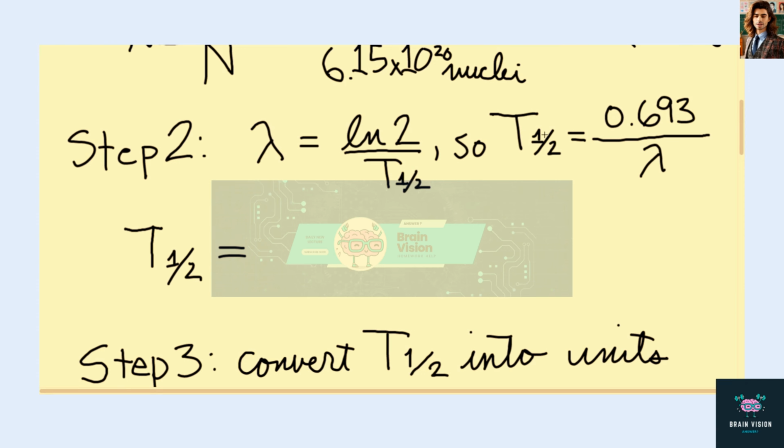So we can rearrange and divide the numerical approximation of the natural log of 2 by the lambda that we solved for in the previous step. Doing this, we find that the half-life in seconds of our sample is 3.55 times 10 to the 18th.